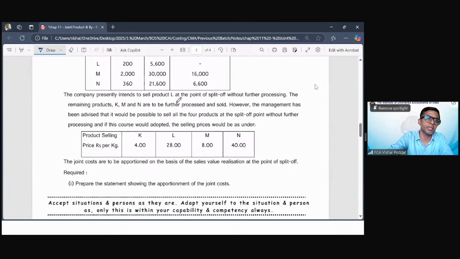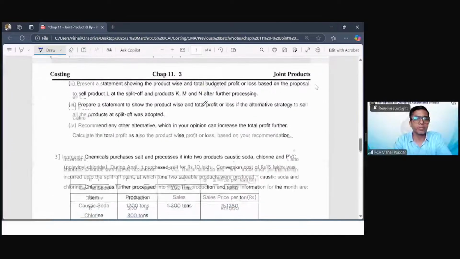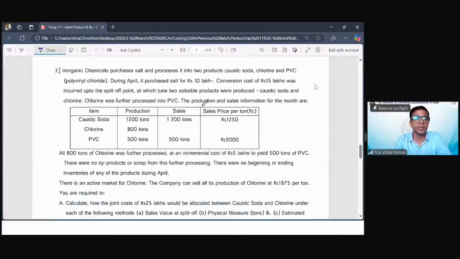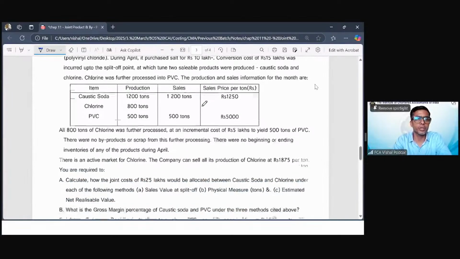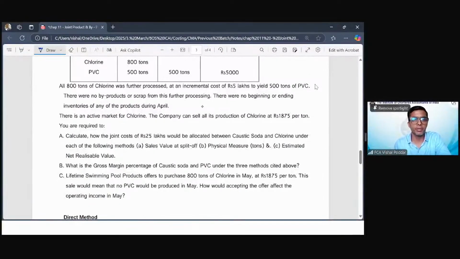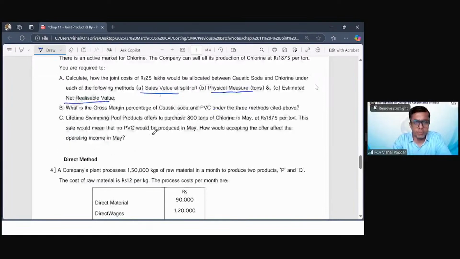For example, in the next question, they have clearly spelled out that you have to apportion it on the basis of sales value at split off point. Similarly, when you go ahead, again, they will specify what is to be done. Like in this question, they are asking you to use 3 methods: value at split off, physical units, and even the NRV. So you have to follow the question.